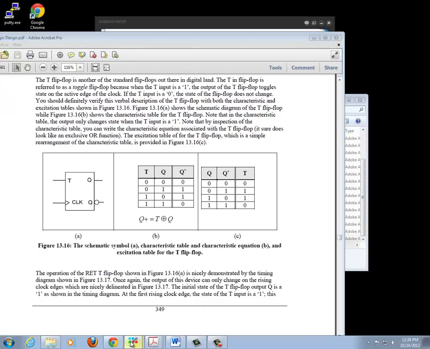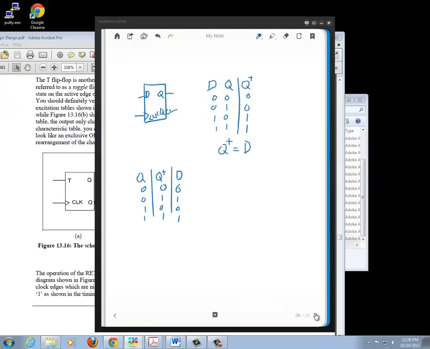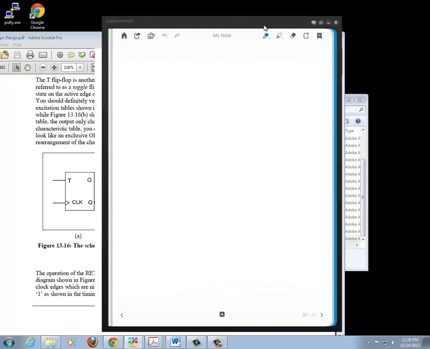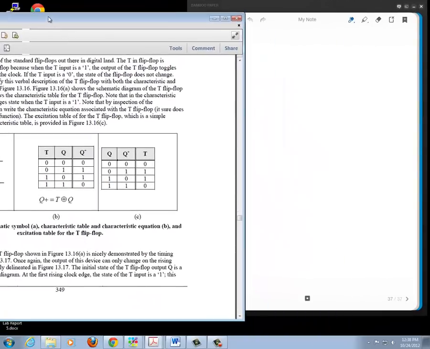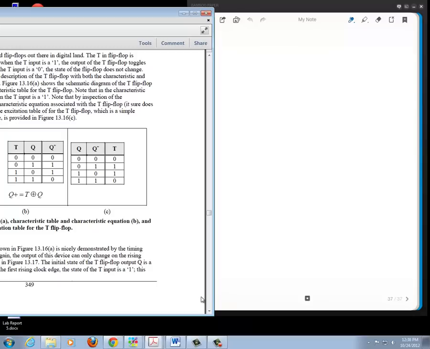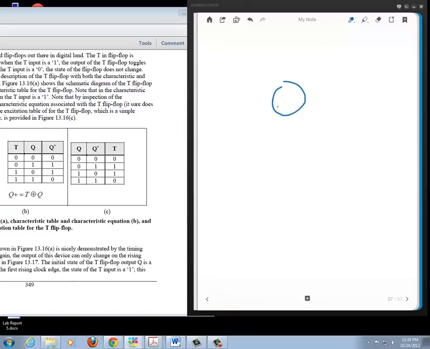I'll pull up the bamboo paper. Okay, so for practice we're going to have our two states for the T flip-flop. We have the Q equals 0 state and the Q equals 1 state. So if we're going to stay in Q equals 0, what is T going to be?